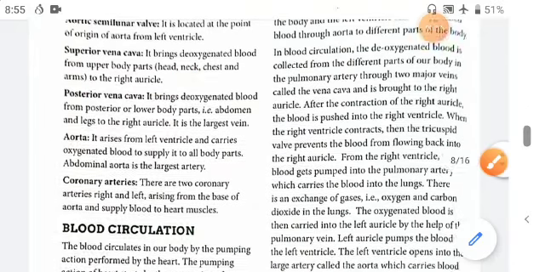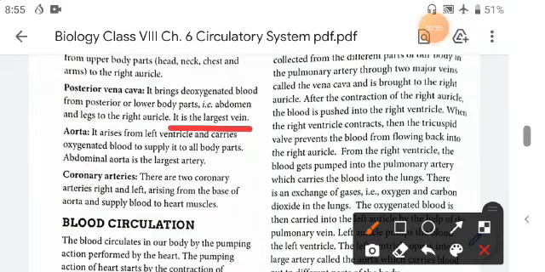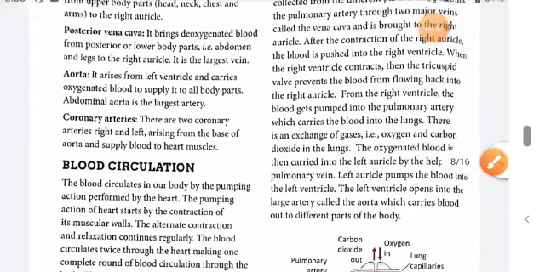Okay, now posterior vena cava. It is the largest vein, and it carries deoxygenated blood from posterior or lower body parts, that is legs and abdomen, to the right auricle. Next is aorta.